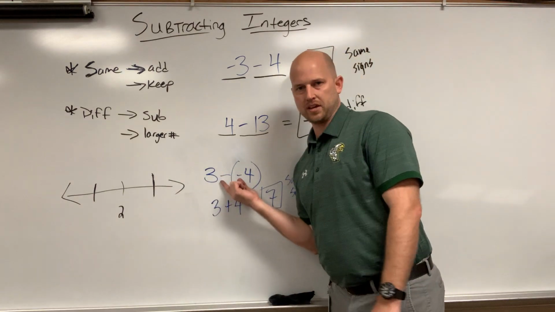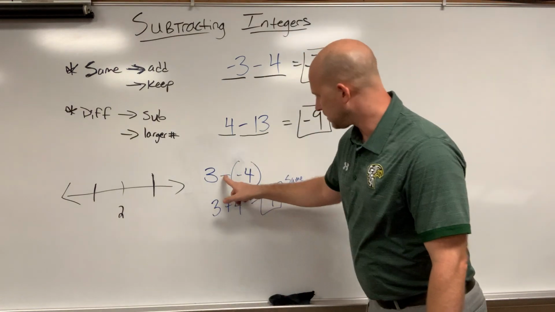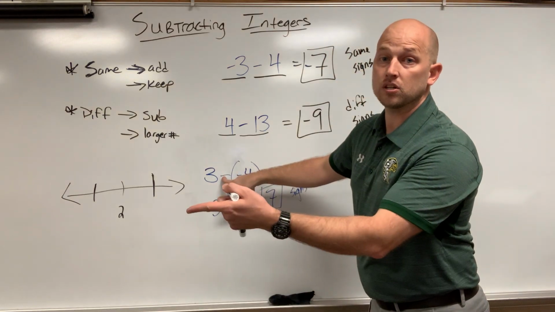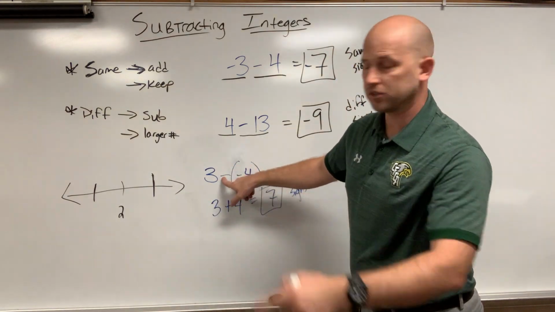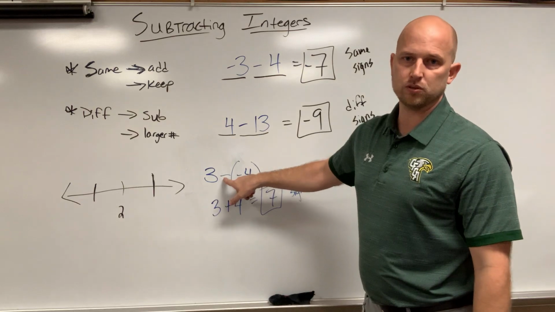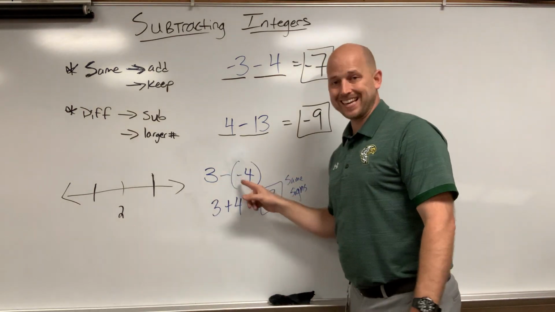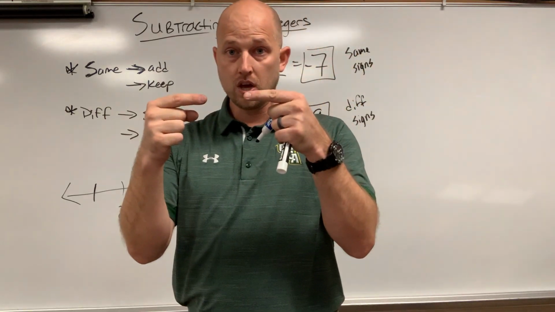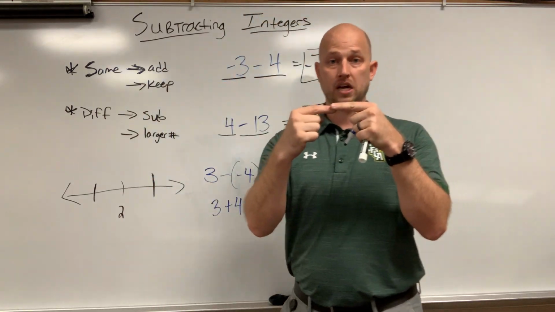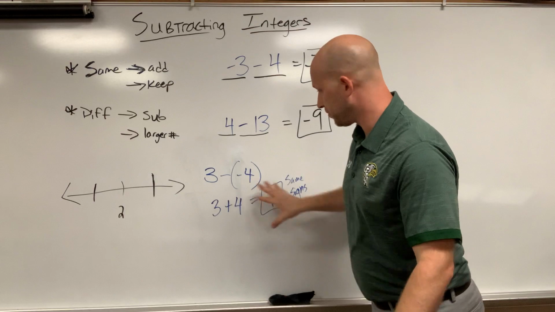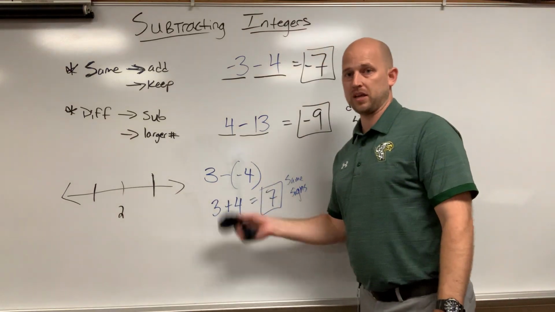However, you're subtracting a negative. So you need to first see this. On the last lesson on adding integers, this was a plus, and that's fine. Then that is a negative, but when subtracting a negative, those become a plus sign. It becomes a positive, and then you're just adding them. We need to keep that in mind.